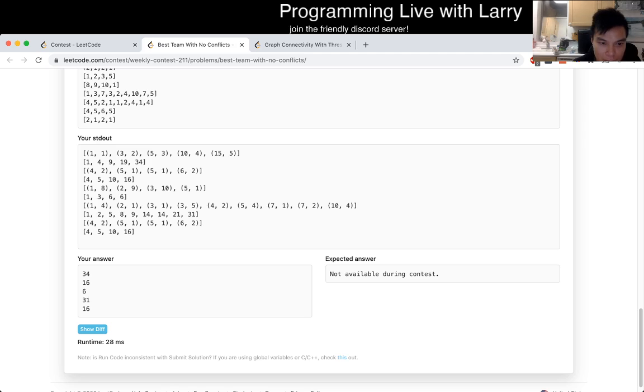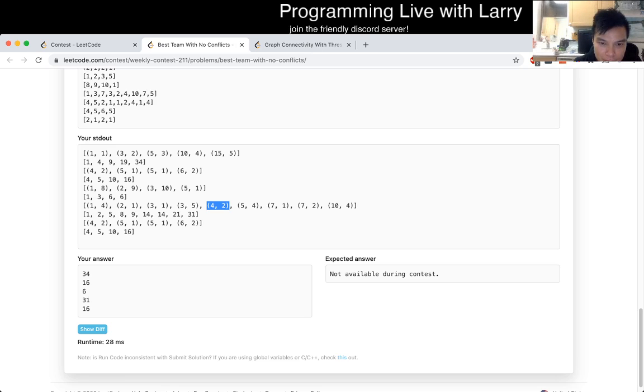I'm missing something. So this is 1, 2. It's 5. That's good. 8. This is good. 9. 9 is because it goes to this. That makes sense. 5 and 4 is this, so that's 14, so that's good. Oh, but you can have, is that true?